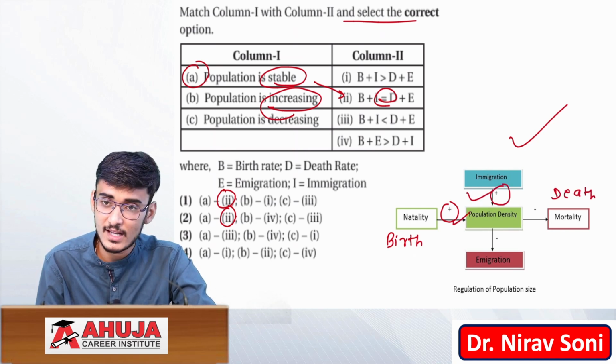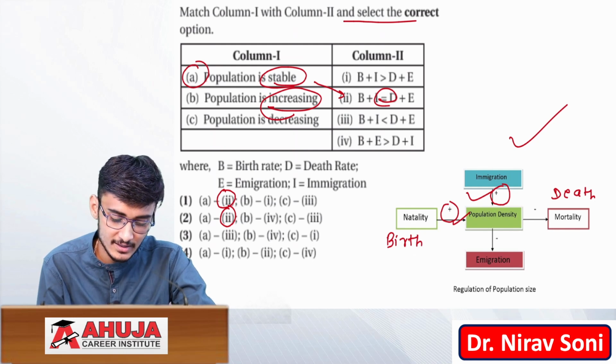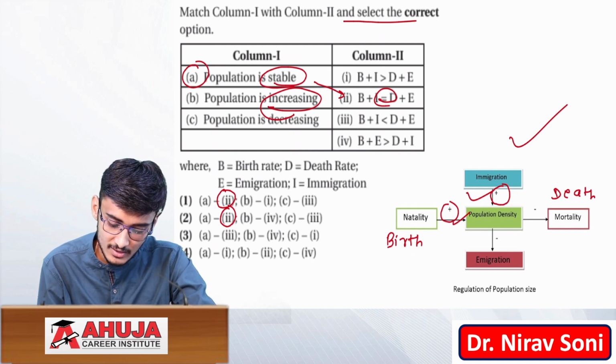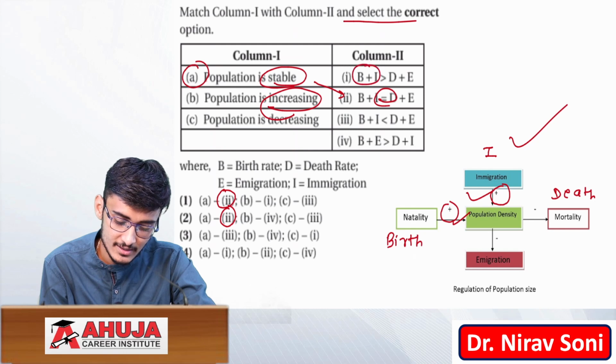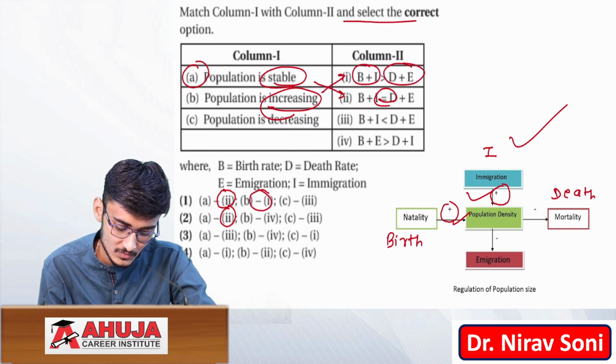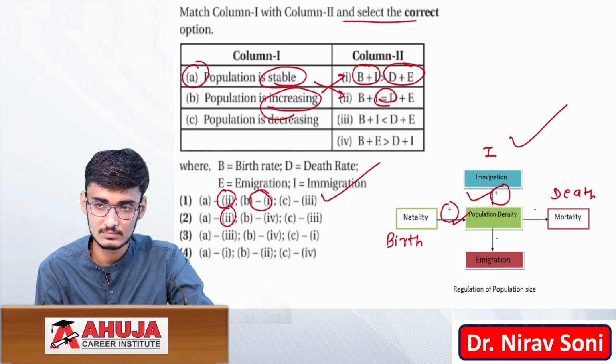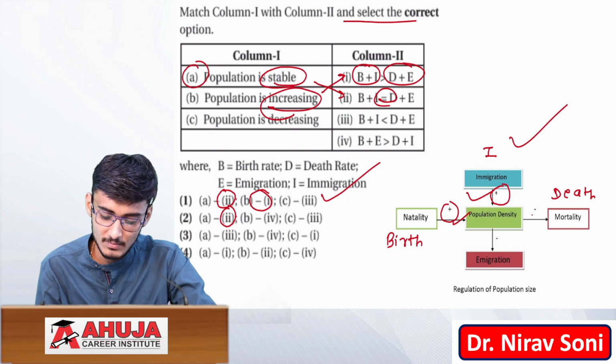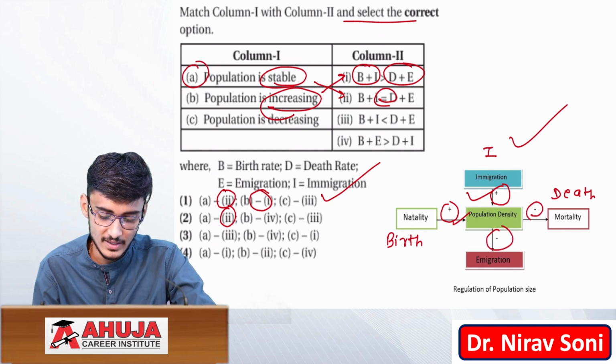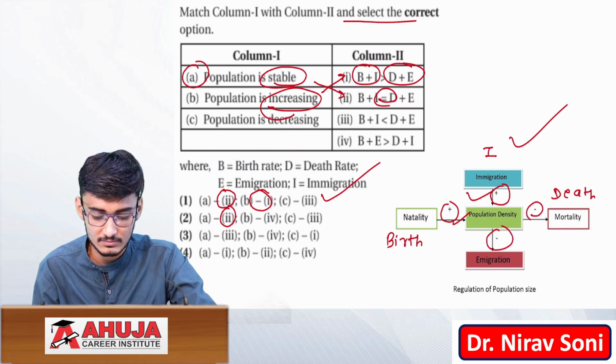You can see the plus sign. The natality and immigration are increasing. Natality, the birth, and immigration, B plus I is increasing. Then D plus E. Option B containing 1. Option A should be right over here. You can see the minus sign. The minus sign declines the growth rate of the population.